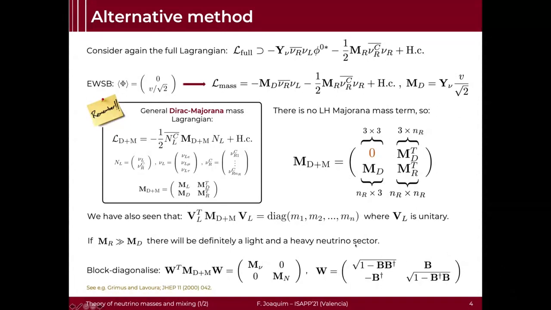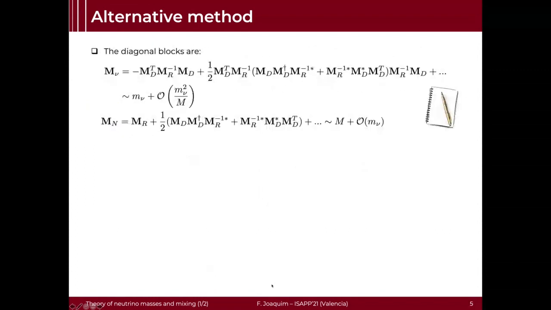This is supposed to be understood as a power expansion in terms of these B matrices. And you will understand why people do this, because now I can try to find out which is the matrix B that block diagonalizes this matrix, and as a result, I also get the form of M_nu and M_N.